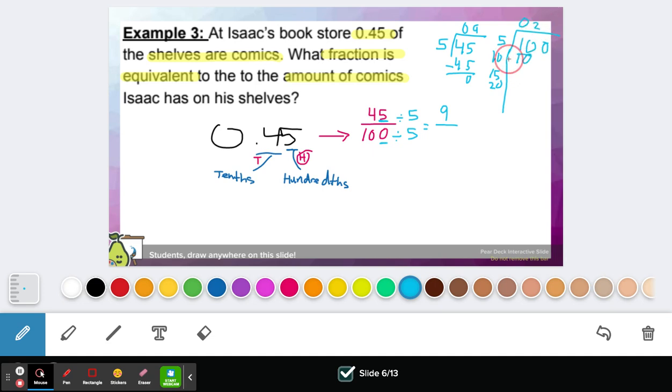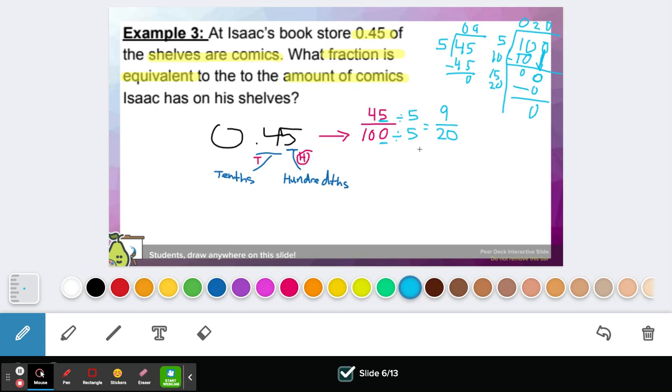So 10, I subtract, and I should get 0. Because I have the 0 right here, I need to continue it. Can 5 go into 0? No, so I have to put a 0. 5 times 0 is 0. I subtract, and I get 0. So then my denominator has to be 20. Okay?